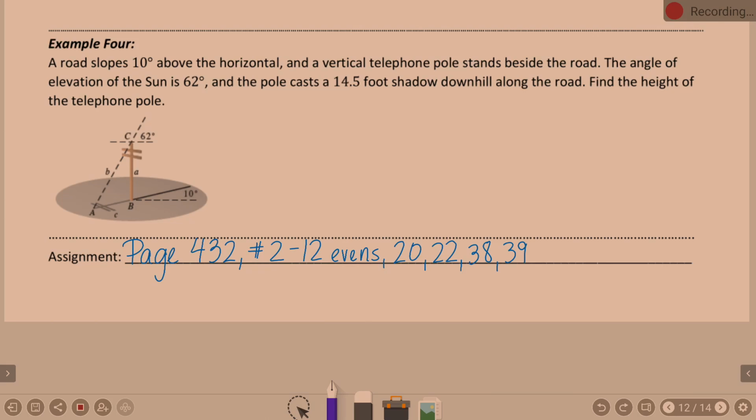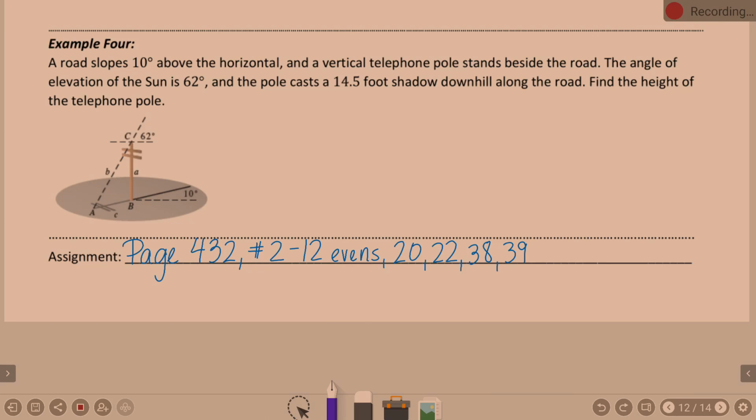Now, where is the shadow? The pole casts a 14.5-foot shadow downhill. That dark black line, the other side. The shadow of the phone pole is right there between A and B, because notice it has the little cross sections of the phone pole.